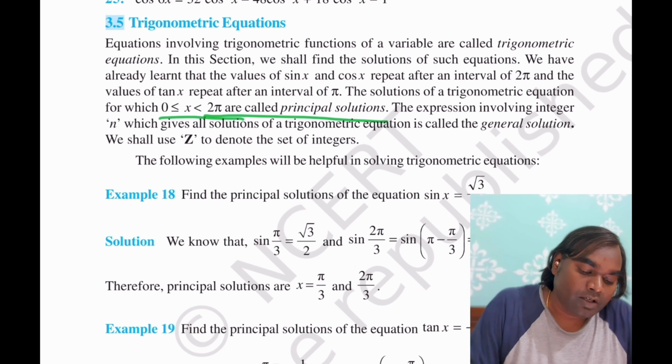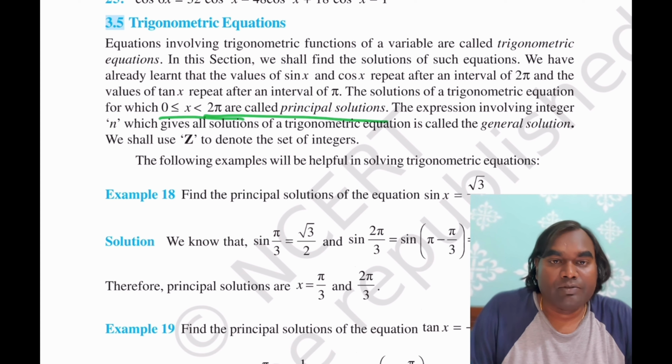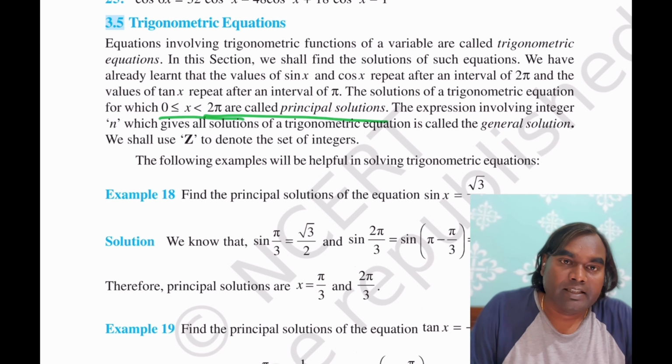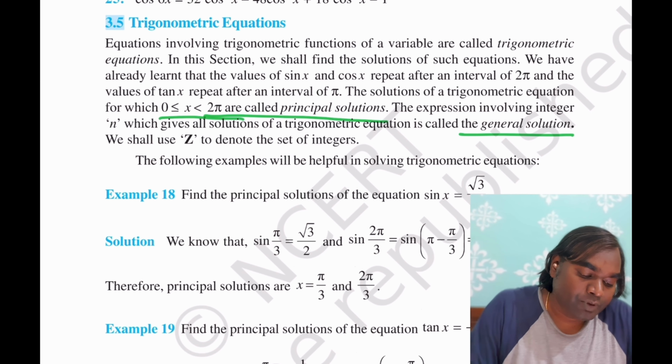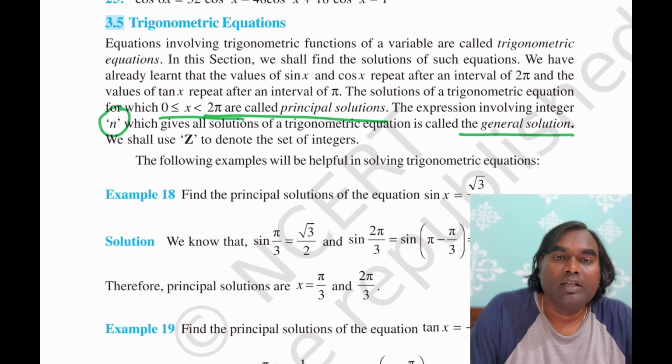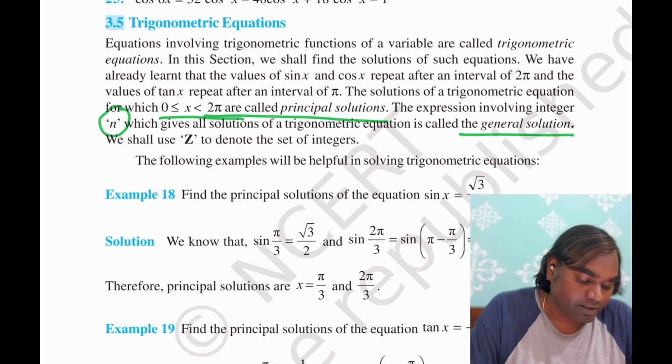So if you solve the trigonometric equation for an angle that lies between 0 and 2 pi, that solution is called the principal solution. The expression involving integer n which gives all solutions of a trigonometric equation is called the general solution. So if you are using n in any solution, then it is the general solution.